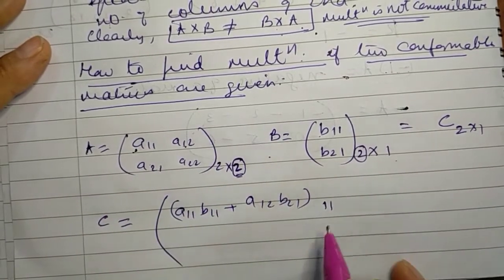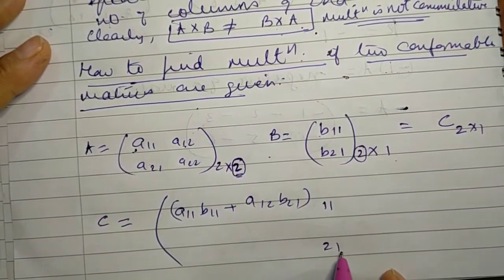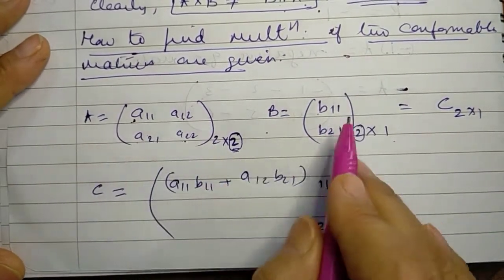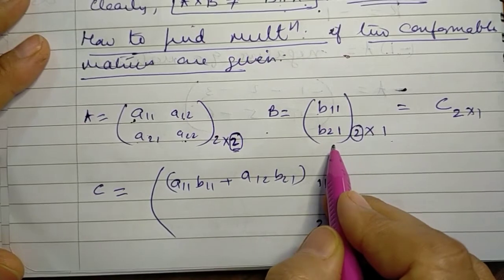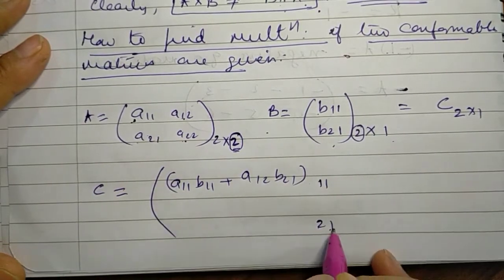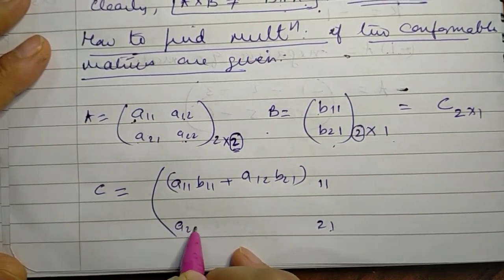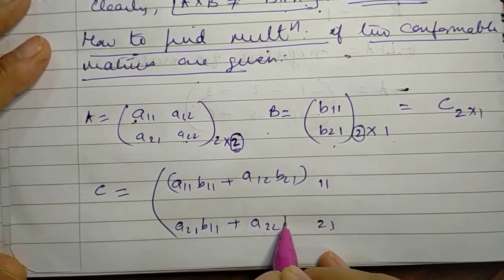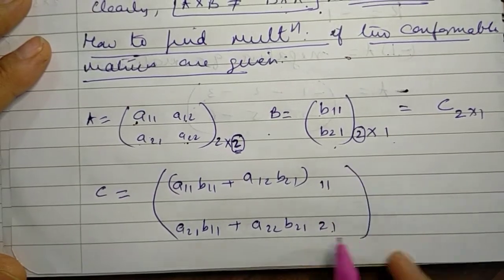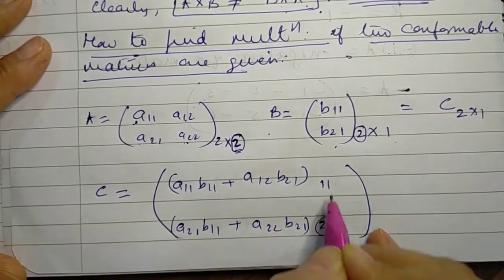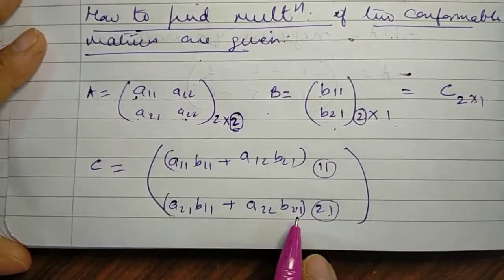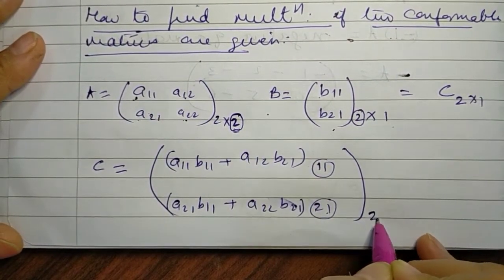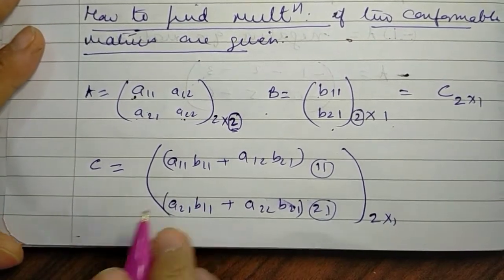Similarly, the 2 1 position means second row of the first matrix and first column of the second matrix. So A21 B11 plus A22 B21. This is the 2 1 position, this is the 1 1 position. So we get back this. It is a 2 by 1 matrix, and it is this.